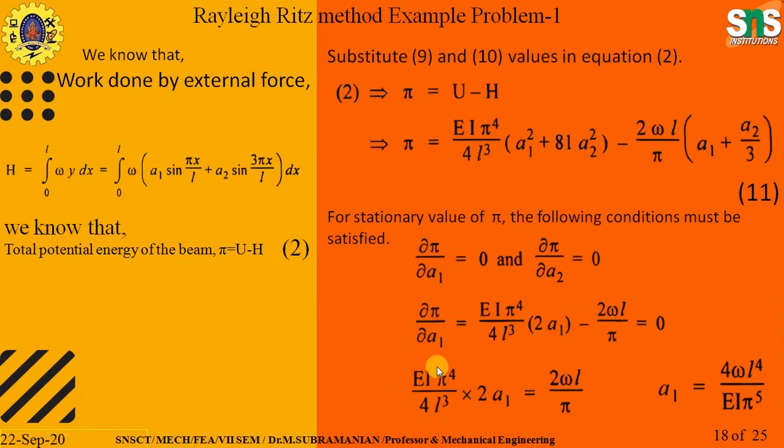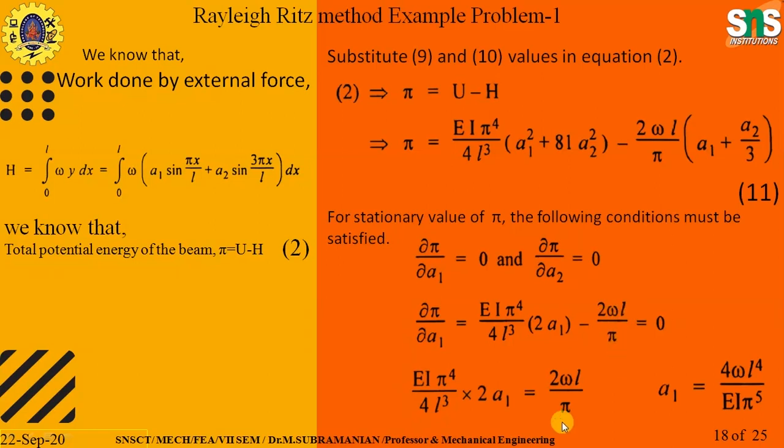So del pi divided by del a1. This is the constant term EI by 4 divided by 4 L cube, so 2 into a1; the 81 a2 term will be 0. The constant term will come, minus 2 W L divided by pi. This one will come, this will be 0. So 2 W L divided by pi.